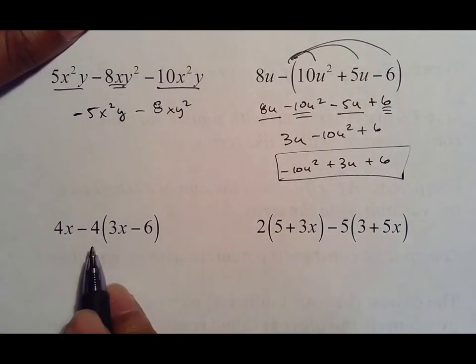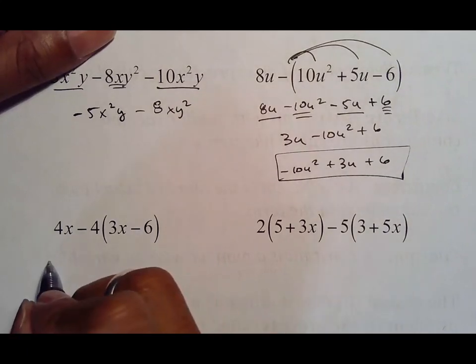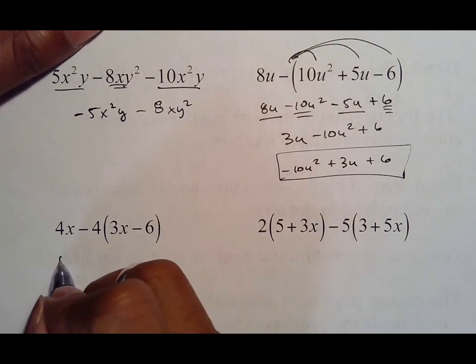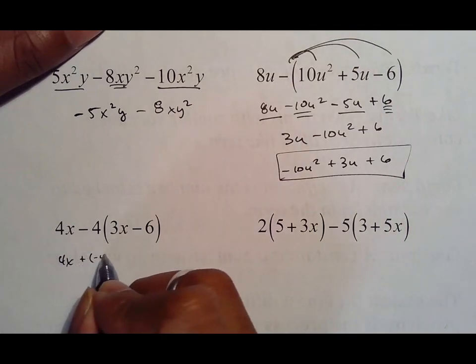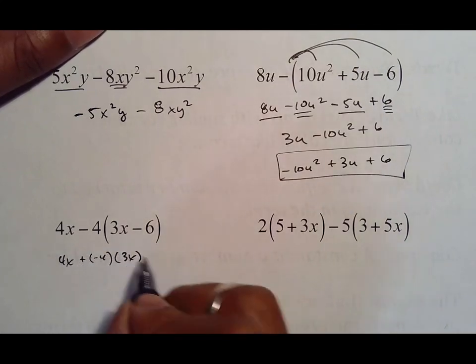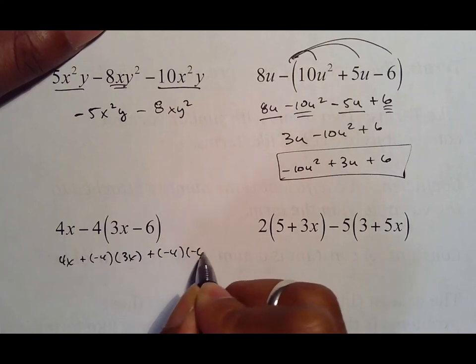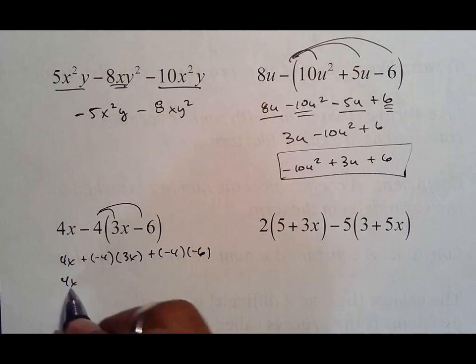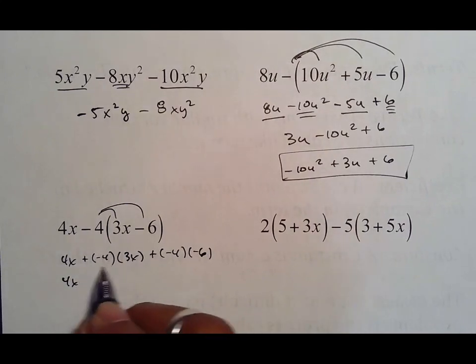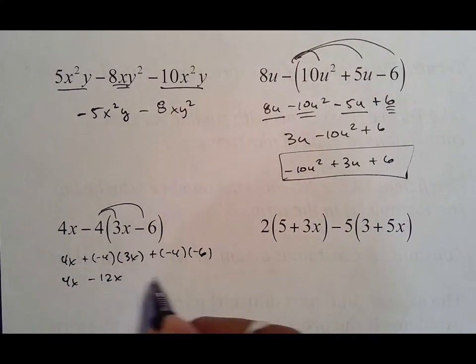4x minus 4 times 3x minus 6. This again must be distributed, so 4x stays here, and then I'm going to do plus negative 4 meets 3x, so I want to be safe, plus negative 4 meets negative 6. Again, that gets distributed. Take your time if necessary, because our objective here is to get it right, not to get it done quickly.